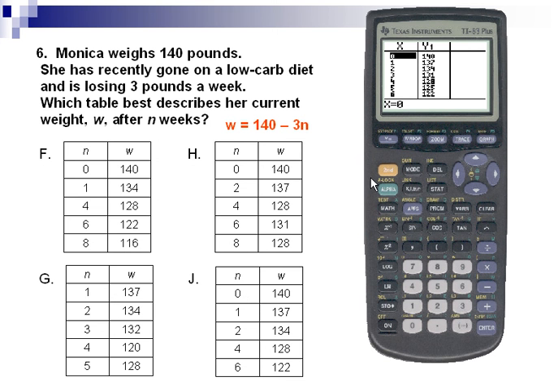On J, 0 is 140, 0 is 140. 1 is 137, 1 is 137. 2 is 134, 2 is 134. 4 is 128, 4 is 128. And 6 is 122, 6 is 122. So J is going to be our answer.